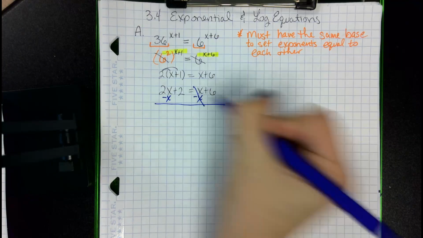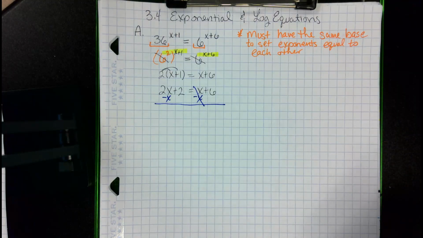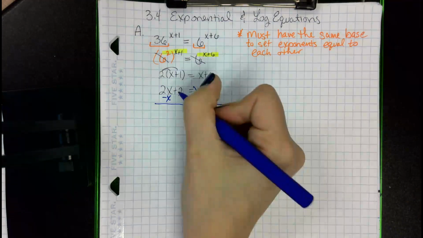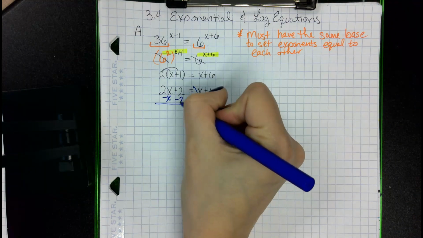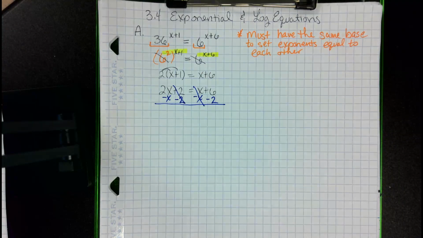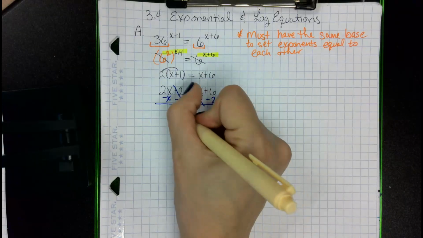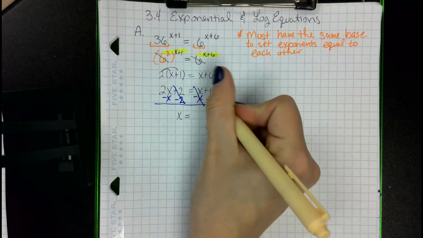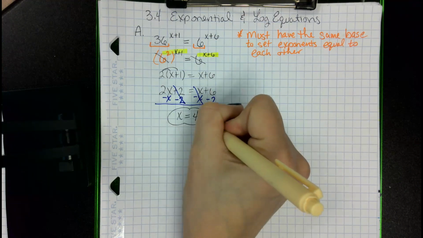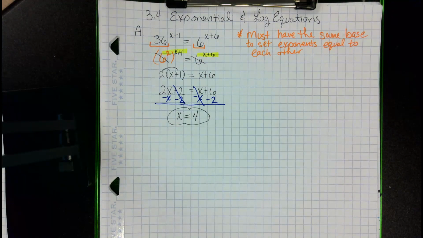And I'm going to go ahead and at the same time take care of that 2 because I want all the x's to the left, and anything without an x I'm going to move it to the right. It's positive 2, so I'm going to subtract 2. So then I end up with 2x minus x is x equals 6 minus 2 is 4. So x equals 4.